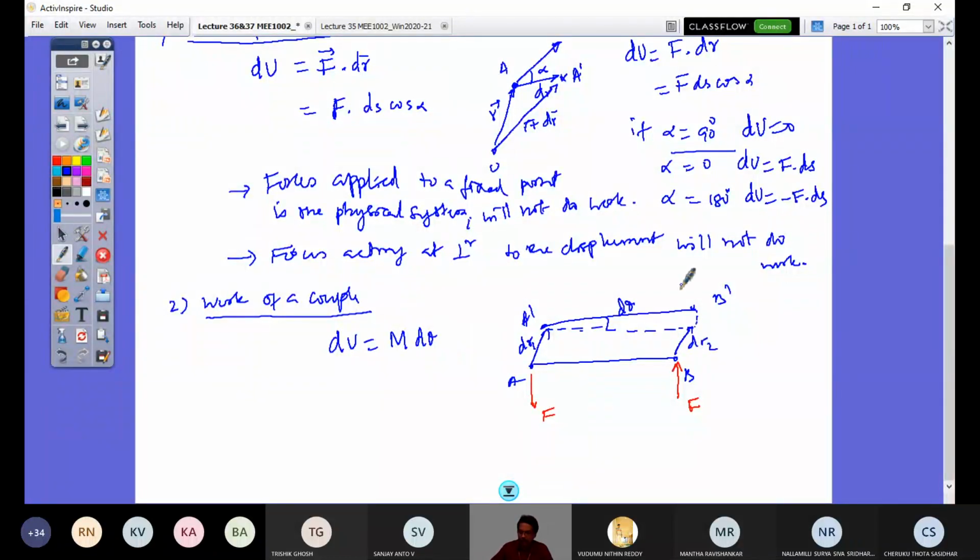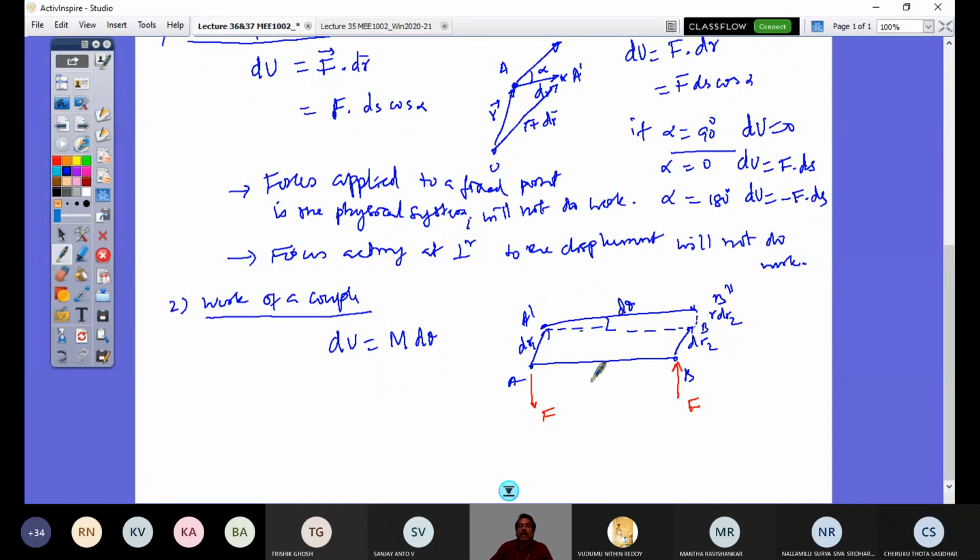The change from AB to A dash B dash can be expressed through this. Let us call this distance B to B. A is moved, this is B dash, and call this B double dash, where the rotation is also accounted for because of the couple. So this distance is dr2.